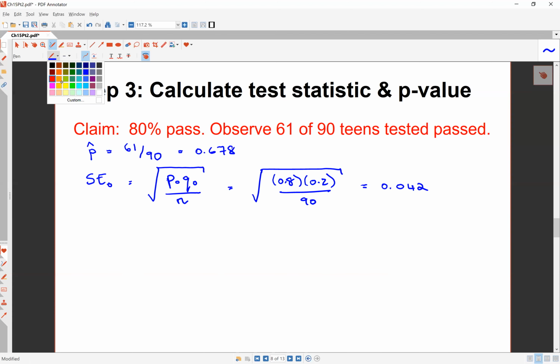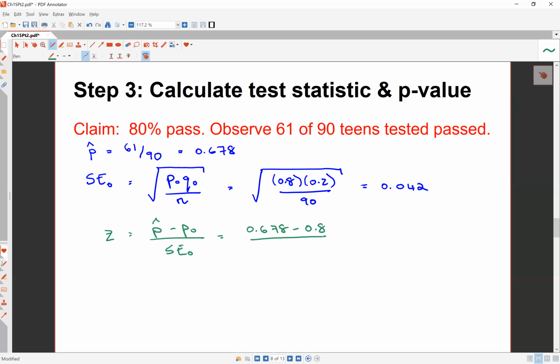This now allows us to calculate our z-test, the p hat minus p naught over SE naught, which in this case is 0.678 minus 0.8 divided by 0.042. And that ends up being very close to negative 2.9.